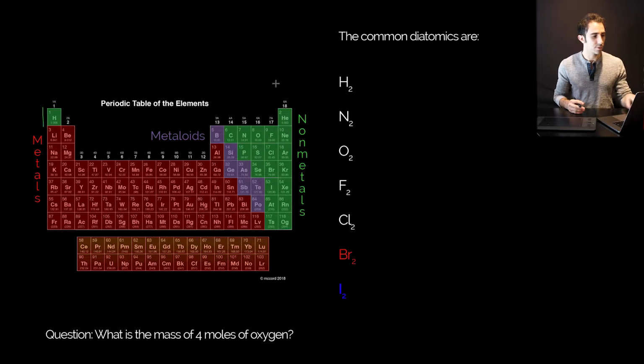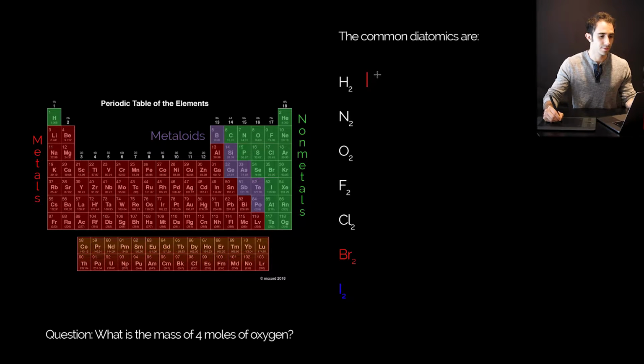Now, I want to talk just briefly about why they are so important, because at the end of the day, you're going to need to just simply memorize them. But let's look at hydrogen. Hydrogen has a molar mass equal to 1 gram per mole, but that is for one hydrogen.